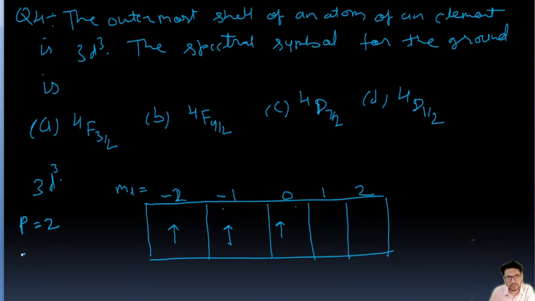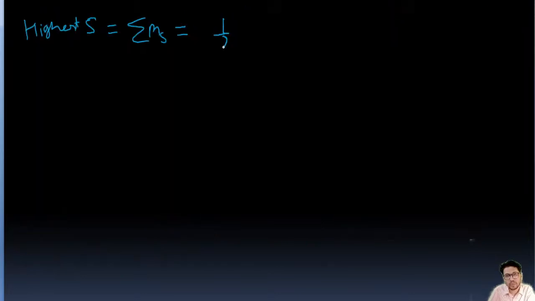And the value of S is going to be 3 electrons, half, half, half, right? And the value of L is 2. For L equal to 2, that is D, right? So highest S is going to be sigma ms.